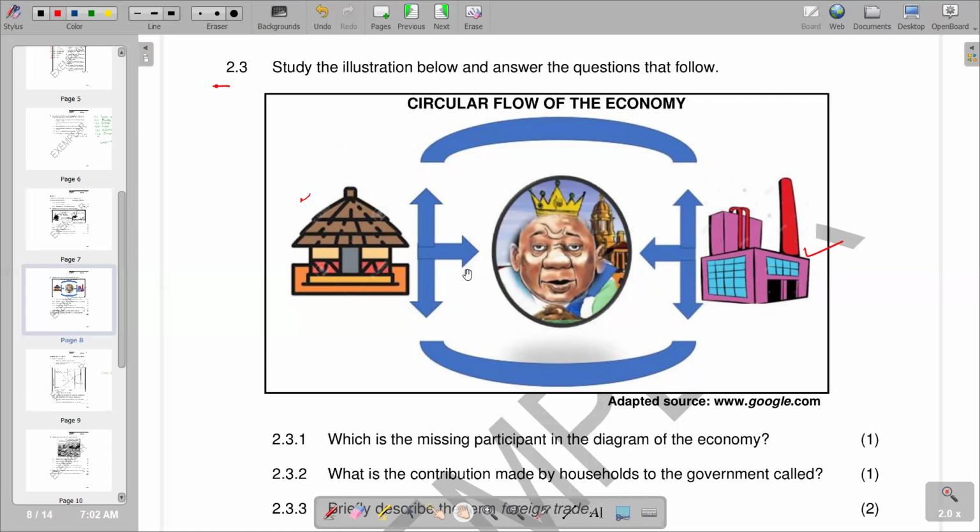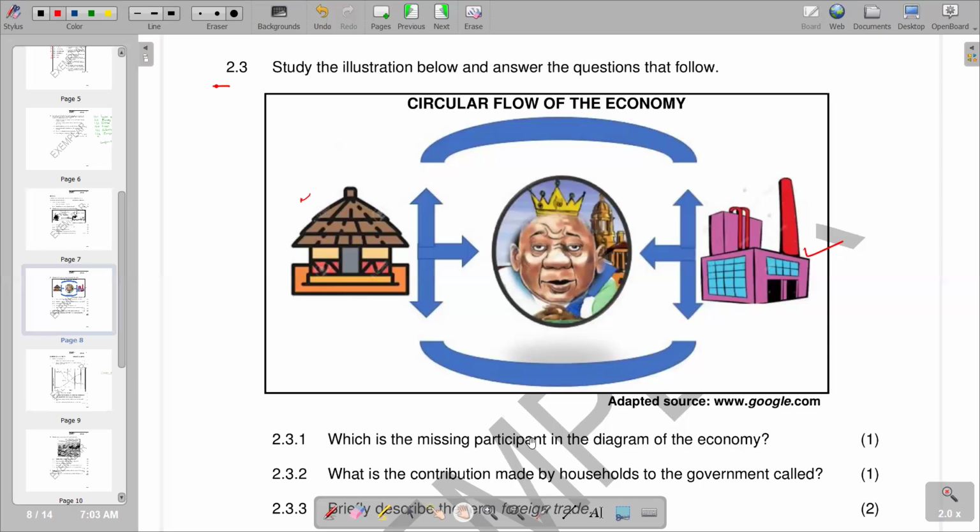The foreign sector is the part of the country's economy that is concerned with external trade, that is imports and exports. So we are not seeing it in the diagram, and this is going to be the answer on 2.3.1.